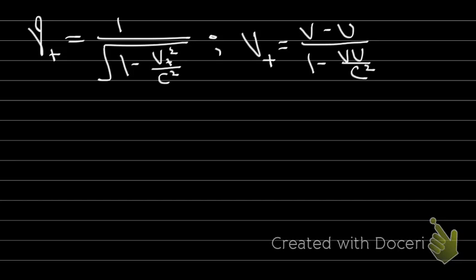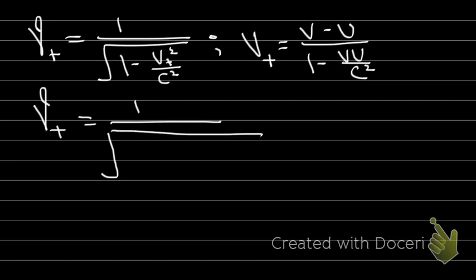Okay, so then we can write our gamma plus as equal to 1 over, we would have a square root, right? And 1 minus, now we're going to replace v plus squared with this thing over here. So we'll square this and put it back in here.